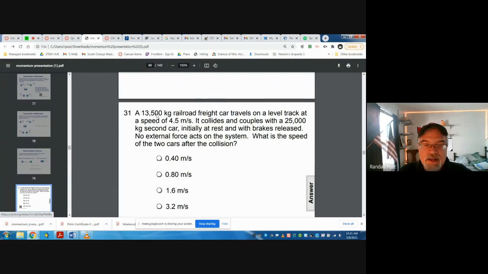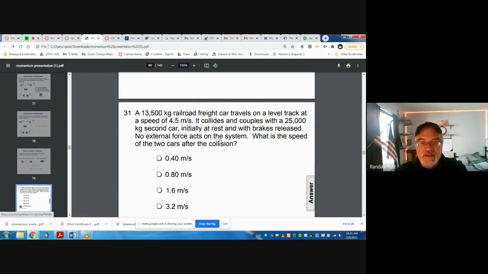The other car had 13,500 times 4.5. So we know the momentum of the first car. We know the momentum of the second car was zero. We know the mass of the second car. We can calculate the speed of the two cars after the collision.